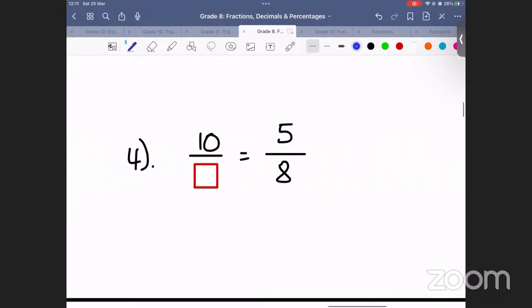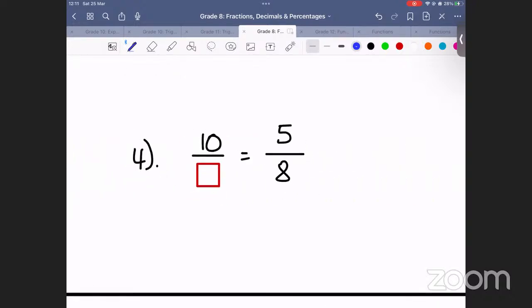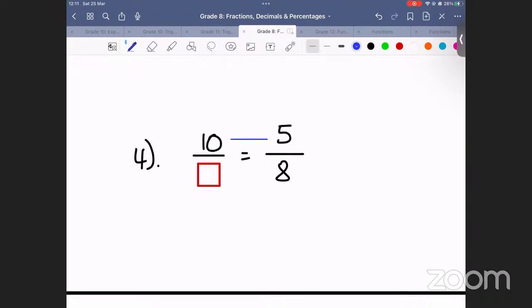Let's have a look at this example. You can do the same thing. In this case, the denominator is unknown. So you have to see what operation was applied to the numerator. From 10 to 5, we divide by 2. Actually, technically we should work the other way around, but it doesn't really matter.